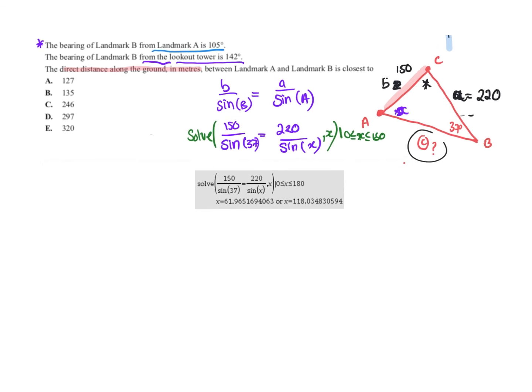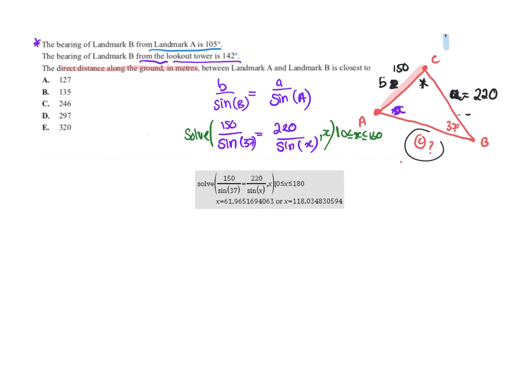Okay, so here's where we get our two sine answers. And here's where I'm probably going to have a look and say, all right, because if I look in the diagram, that angle there, which is the x here, is less than 90 degrees. We can see in the diagram that it is. So I'm going to go with this is my answer for angle A.